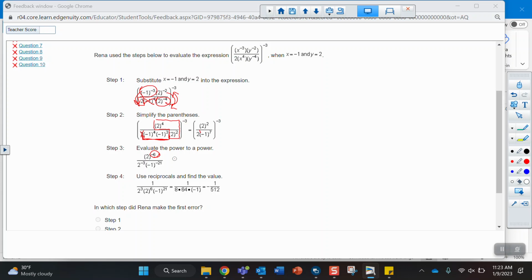Now use reciprocals to find the value. So the 2 to the negative 6 came down here. Ooh, this needed to go up top because it has a negative exponent.